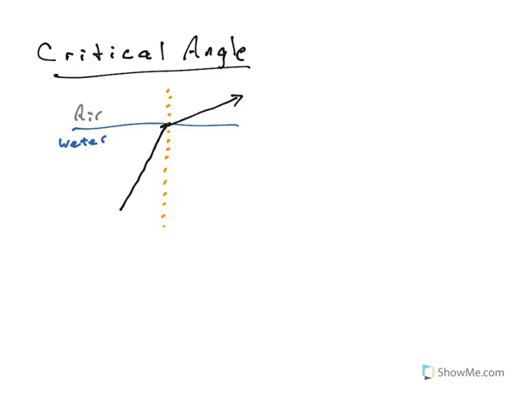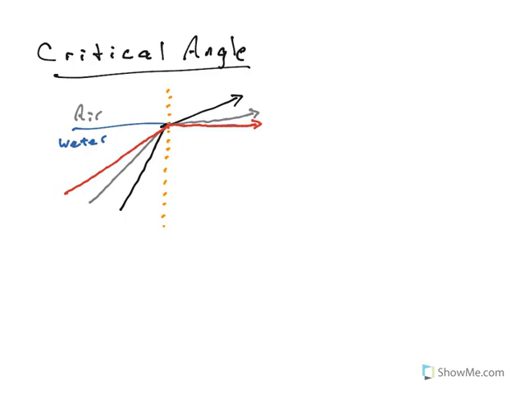But let's follow this. Let's make a bigger angle coming in. Well, now, of course, this gets closer and closer to the horizontal. And if you notice, there's eventually going to be an angle that if I hit it at this angle, the line skims the surface.